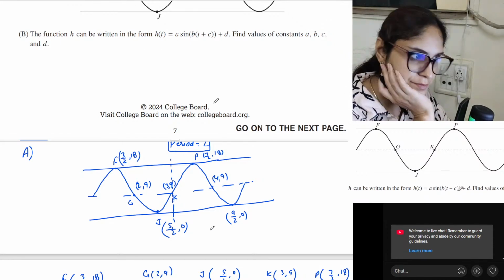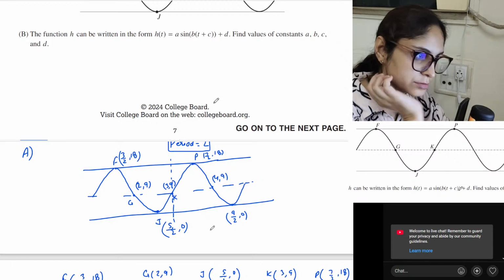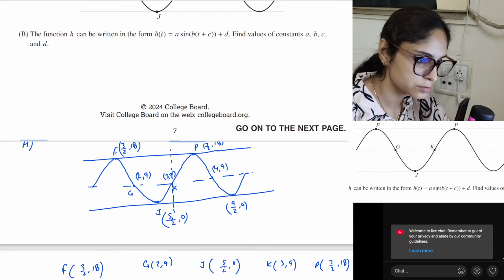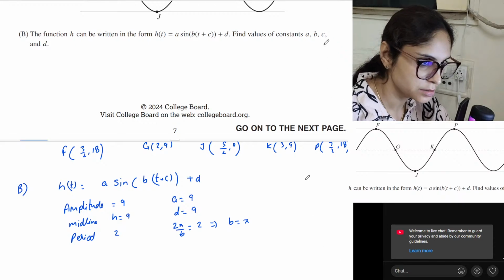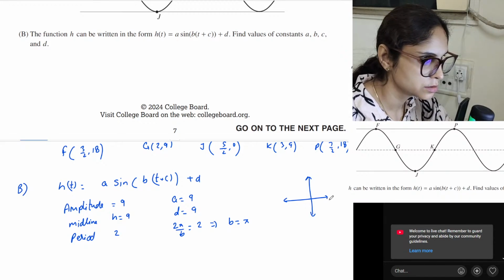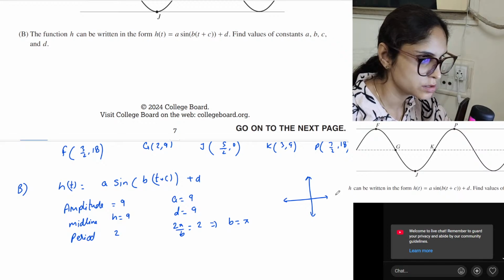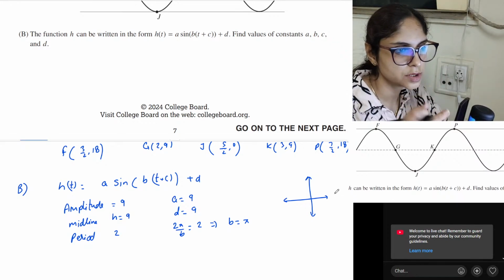That means, just give me a second. I can make the unit circle as well. This is the midline, no?